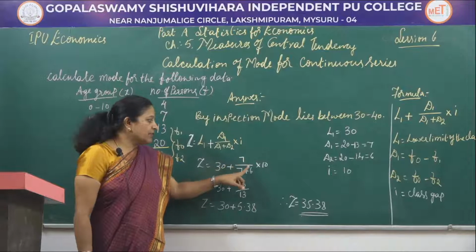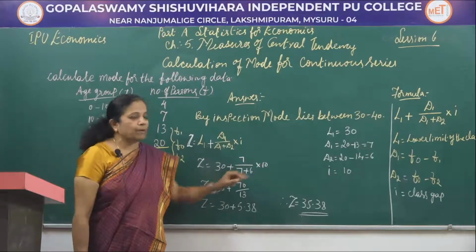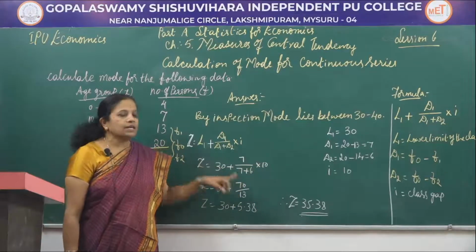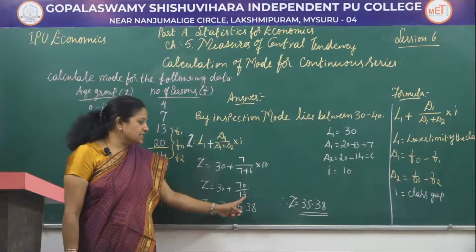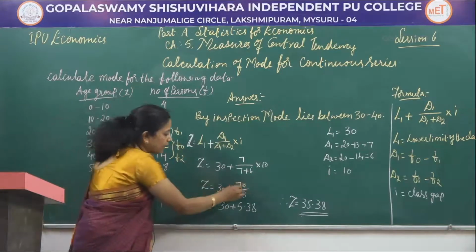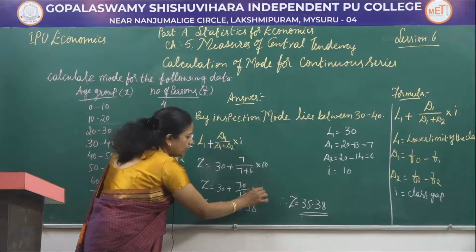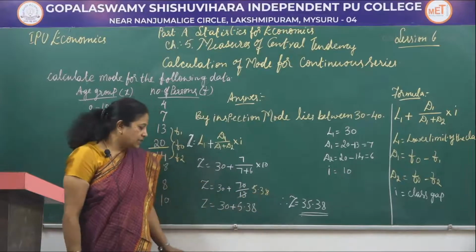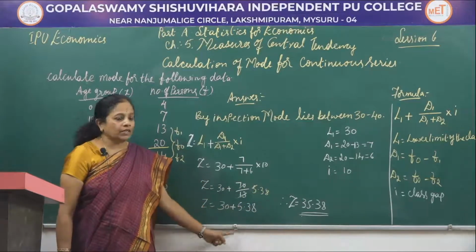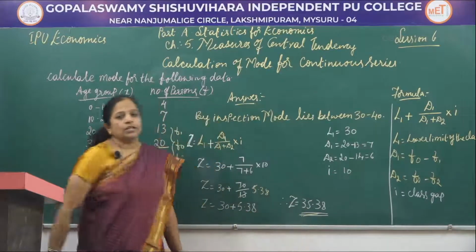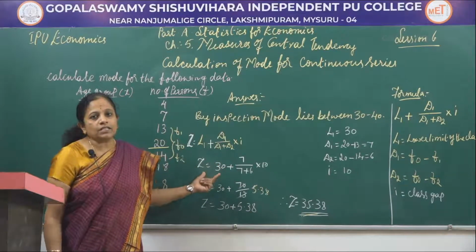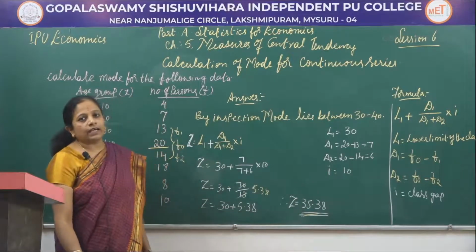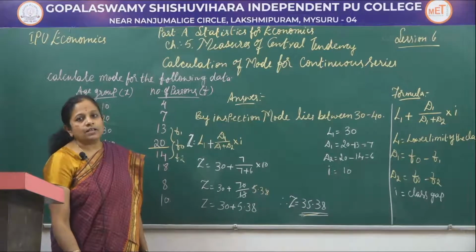So 30 plus 7 divided by 7 plus 6 multiplied by 10. 7 into 10 is 70, and 7 plus 6 is 13. 70 divided by 13 is 5.38. So 30 plus 5.38 is 35.38. So the mode of this problem is 35.38. Like this we can calculate mode for continuous frequencies.